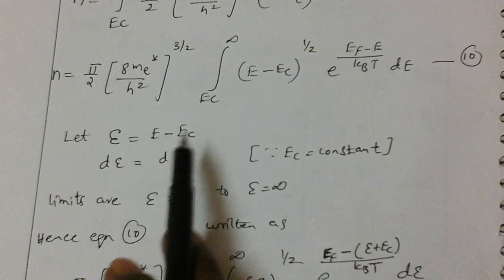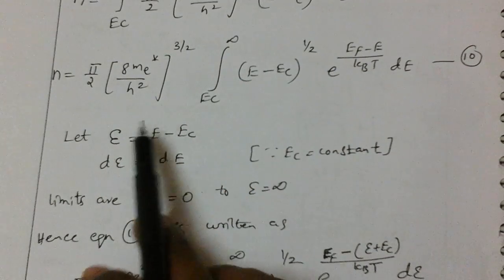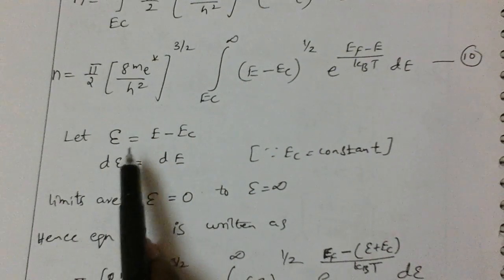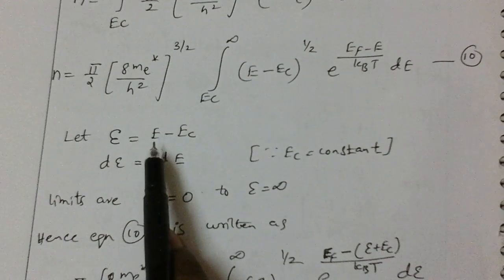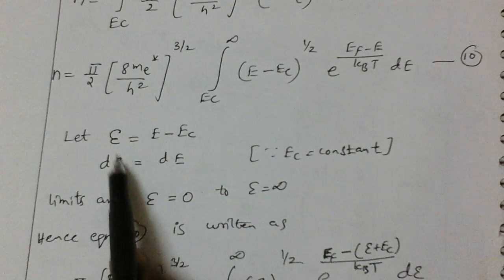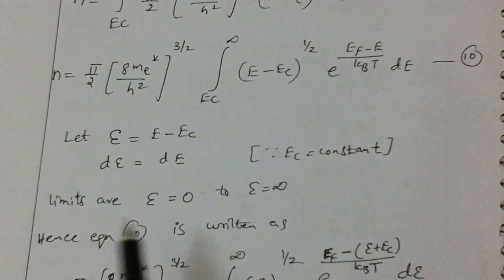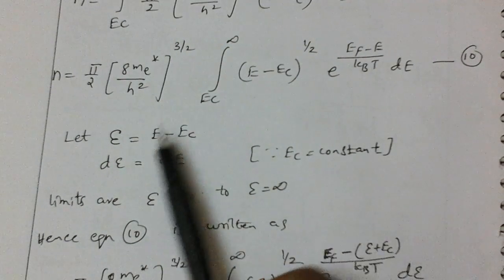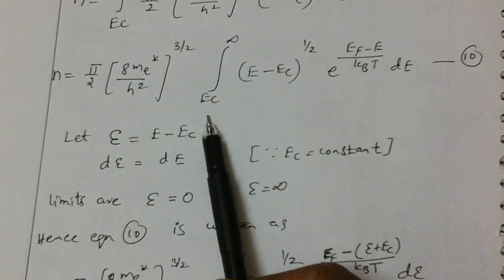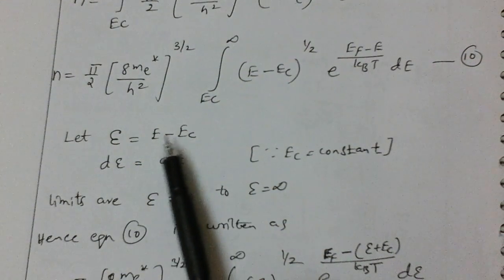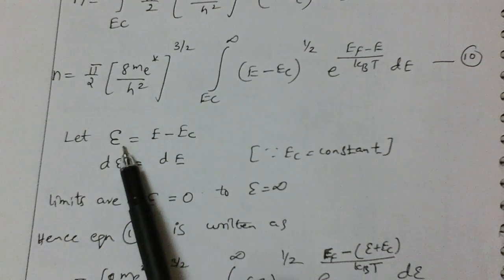Let small e be equal to E minus E_C. If you differentiate both sides, dE is equal to de, because E is the variable, and the differentiation of E_C is 0, because E_C is a constant. Now we have to write the limits. Substitute the lower limit: E_C in the place of E, E_C minus E_C is 0, so e is equal to 0.